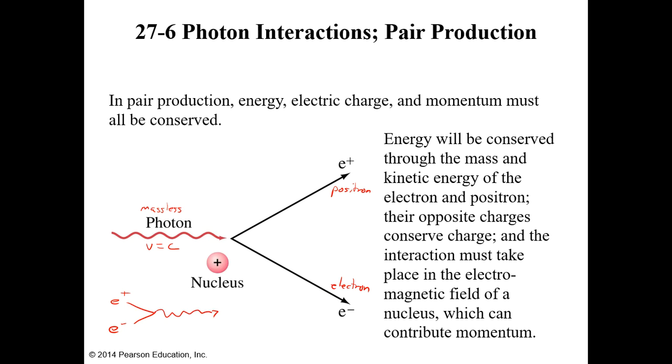Remember, a photon is massless, but both the electron and the positron have mass, and the velocity is less than the speed of light.